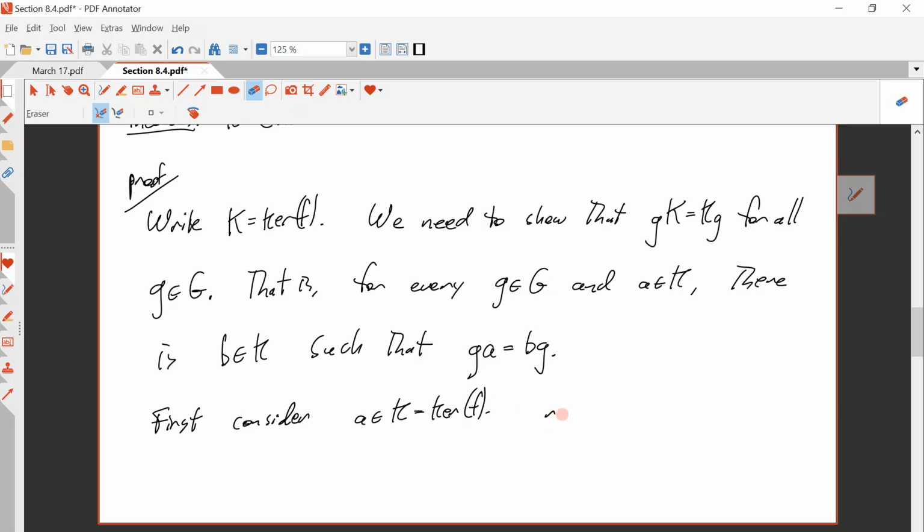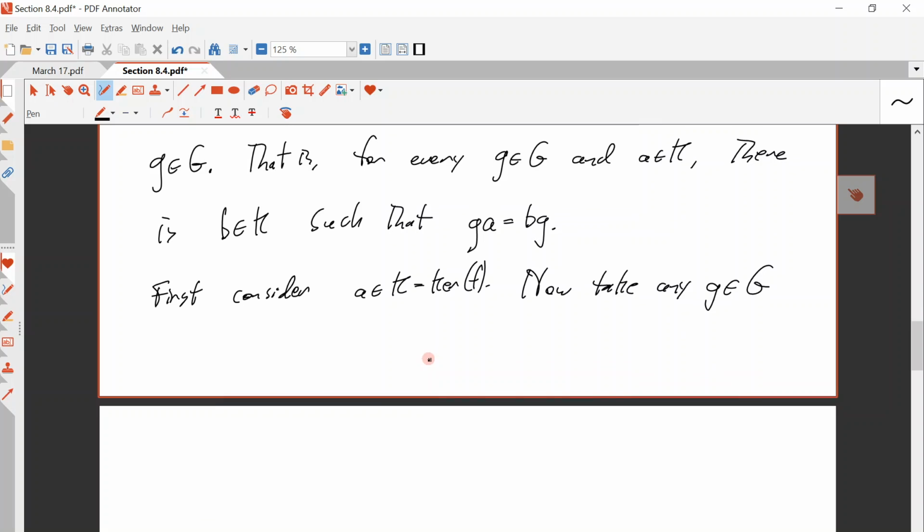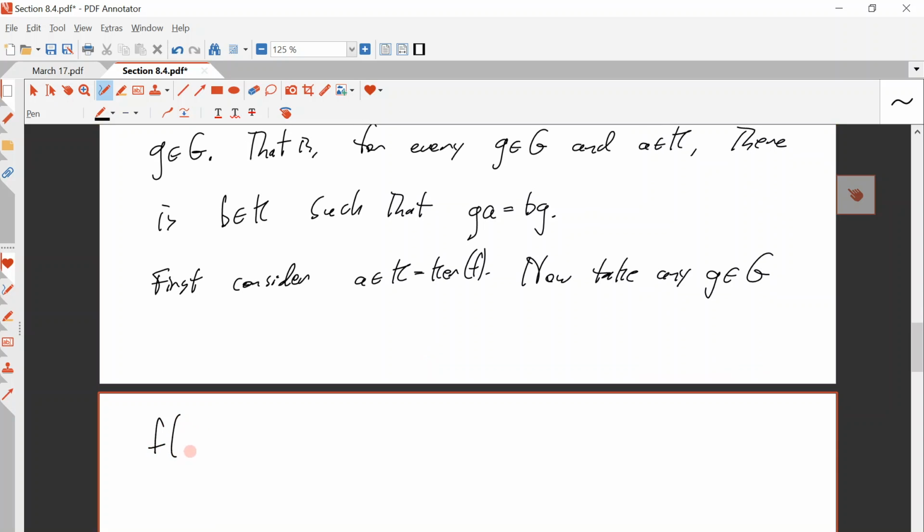For any g in the group, let's look at that homomorphism and apply it to gag inverse. f of gag inverse is equal to, because it's a homomorphism, f of g, f of a, f of g inverse. And then remember, homomorphisms have that property where the inverse comes outside here.